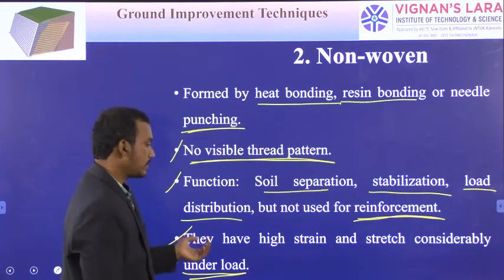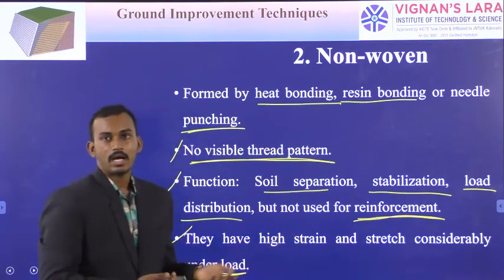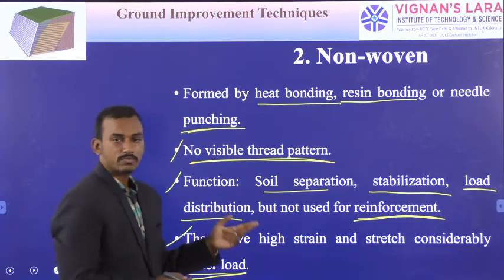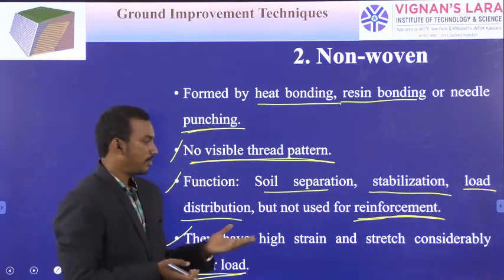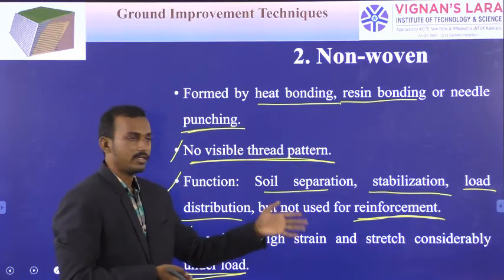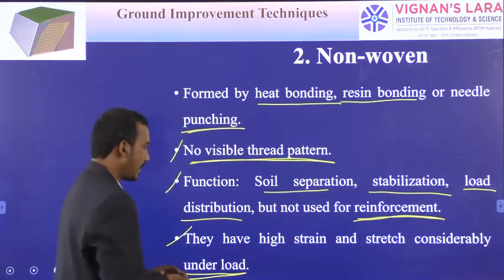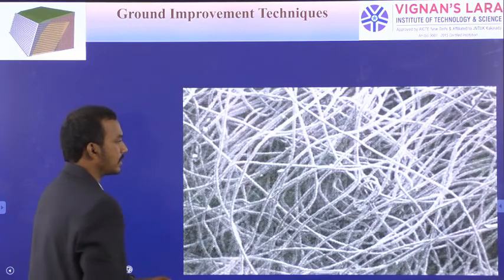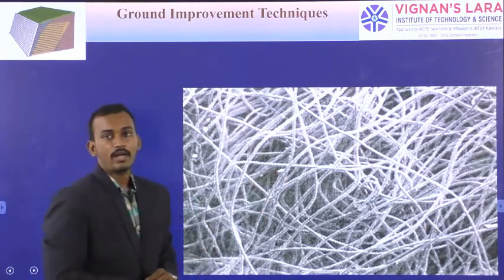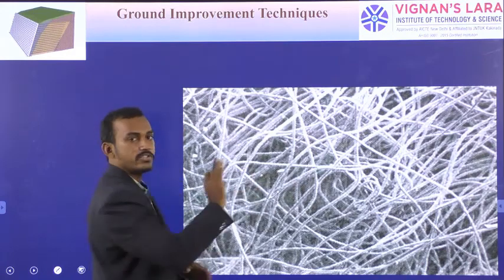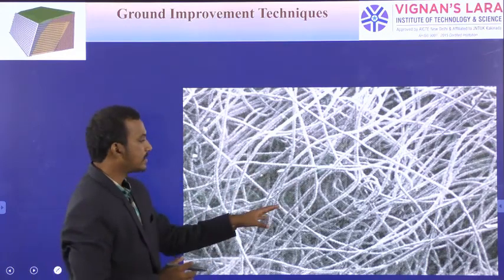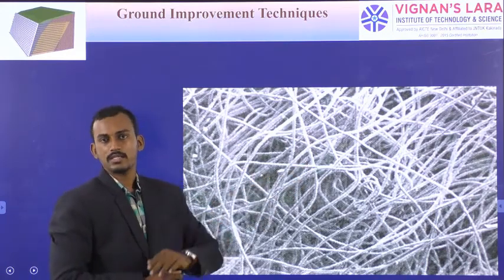The previous ones have high tensile strength and there is no strain, but these have somewhat of a strain and stretch considerably. Not that much, but we have to consider it. See, these are the non-woven types. There is no visible pattern, it is just a zigzag way, and they are jointed by heat bonding or resin bonding.